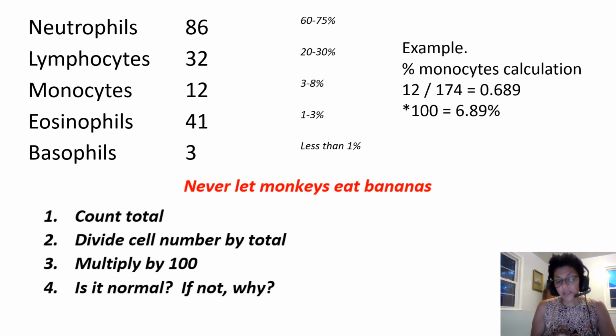When asked to calculate the percentage, here's what you do. First, add up the total. Then, divide the number of the indicated cell by that total and multiply by 100. But don't stop there. In the lab manual is a chart showing you normal percentage ranges. That percentage range of normal must be in your head during a lab exam.